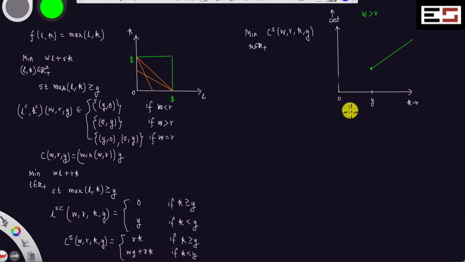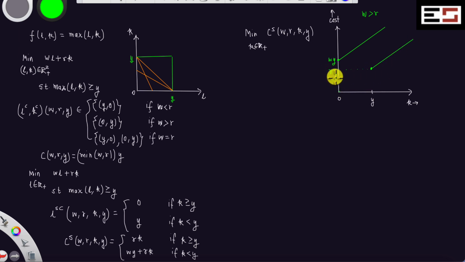Okay, so if w is greater than r, then in that case wy plus rk will look like this. Okay, it's just going to be parallel, and this is your wy. Okay, and notice that this is because this function is rk, right? So at y it takes value ry.